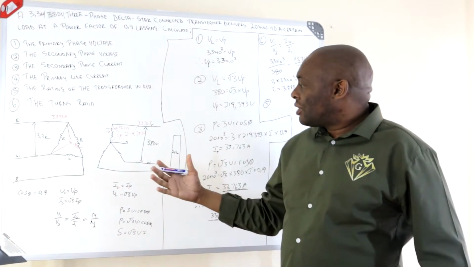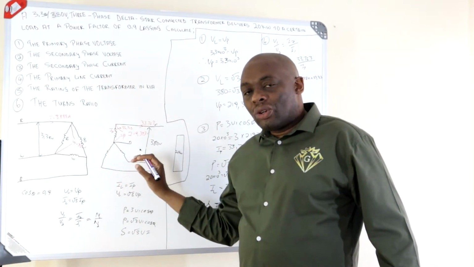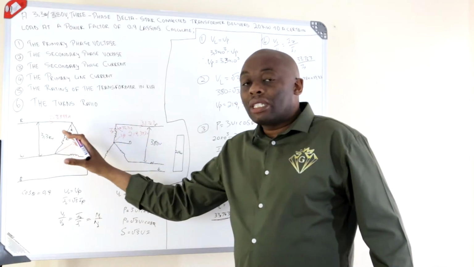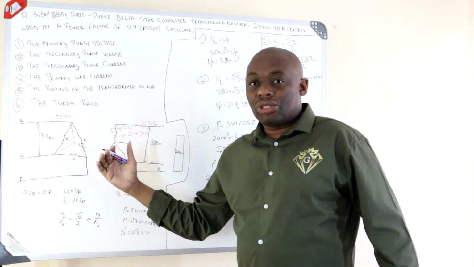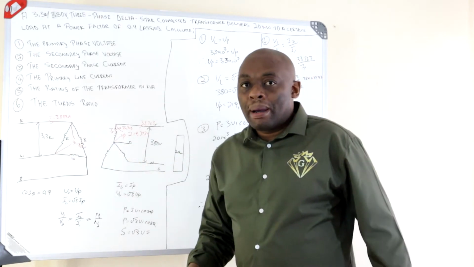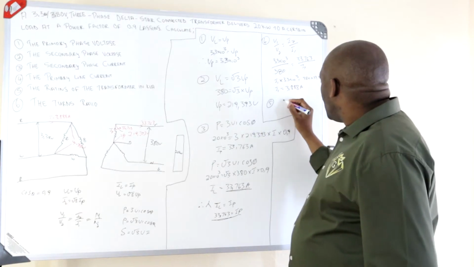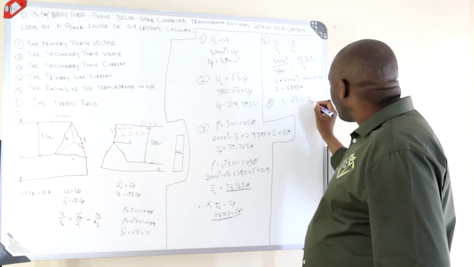The rating of the transformer, you can get it either on your secondary side or on your primary side. So we will use both of them in this case to check if we'll get the same rating. For now, we'll be using our primary side, which is S is equal to the square root of 3 VI.